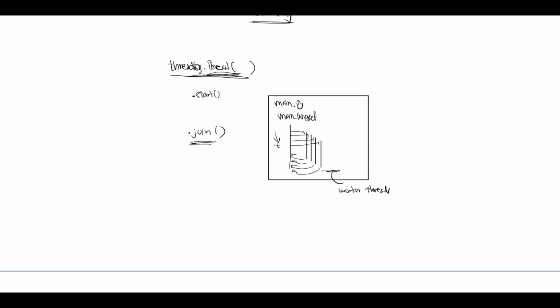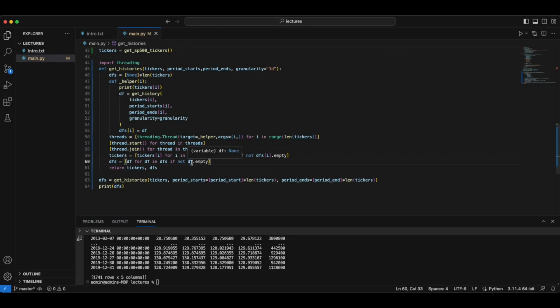It will just complete and terminate, and exit the application, and these threads will be left for dead. In order to get the result back, we need to wait until the longest living worker thread finishes, and we do that by calling the join method. So that is the essence of these two lines.